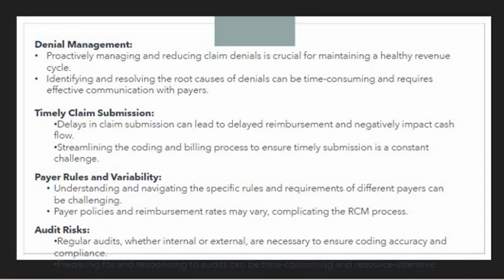If you are not paying proper attention to it, and not trying to fix the actual issue behind that denial, then for sure it will affect your revenue cycle. Because if there is a denial, then we are not supposed to ask for the reimbursement; first we should remove those denials. Same thing here I have noted down: proactively managing and reducing claim denials is crucial for maintaining a healthy revenue cycle.